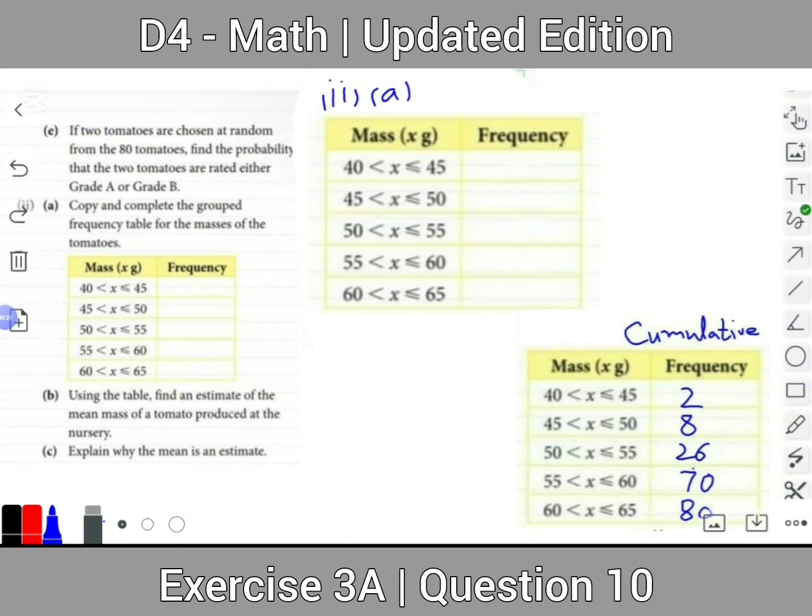The first entry in the frequency column is always equal to the first cumulative frequency value. So the frequency for the class interval 40 to 45 will be equal to 2.